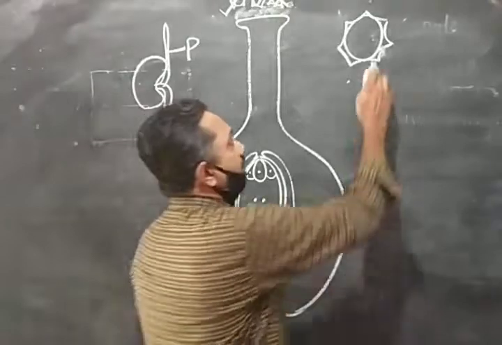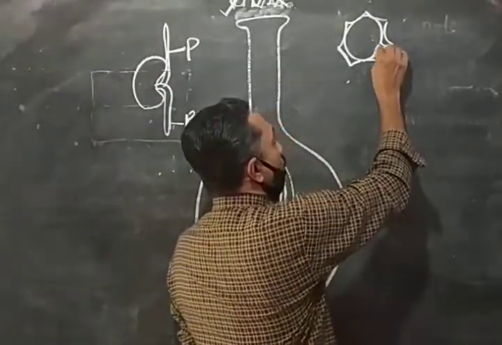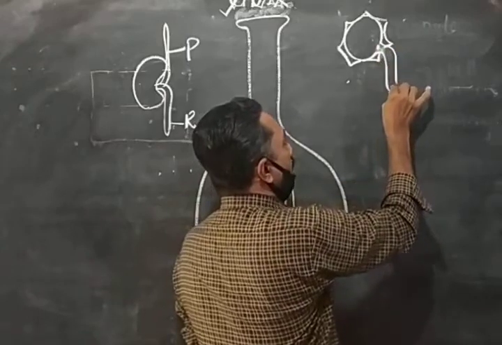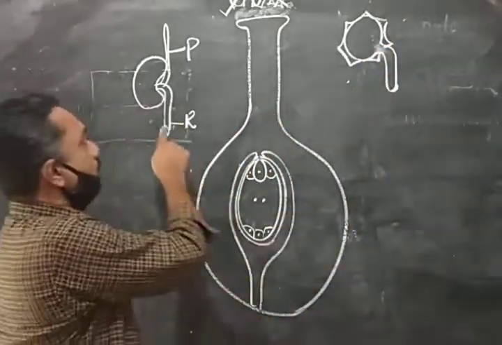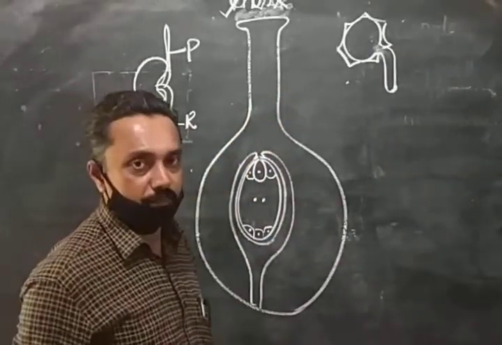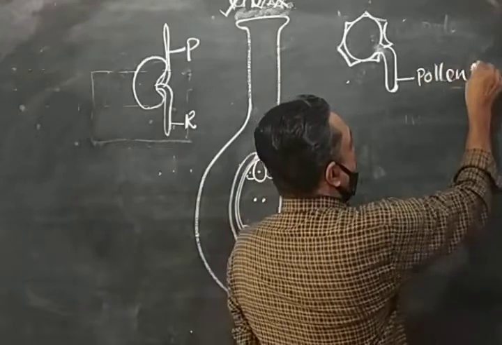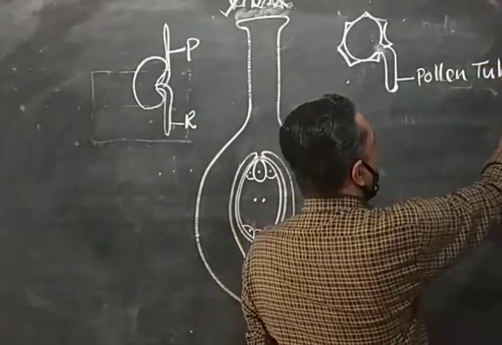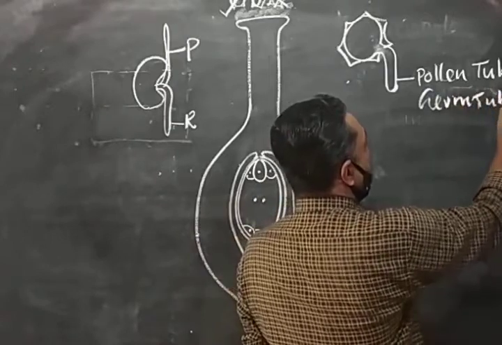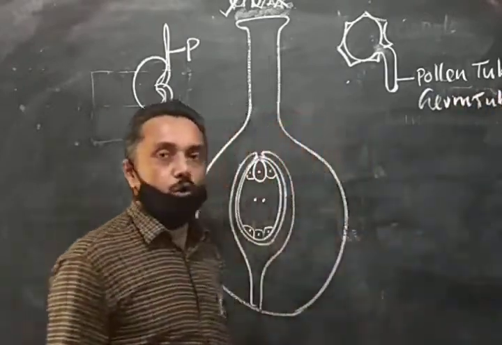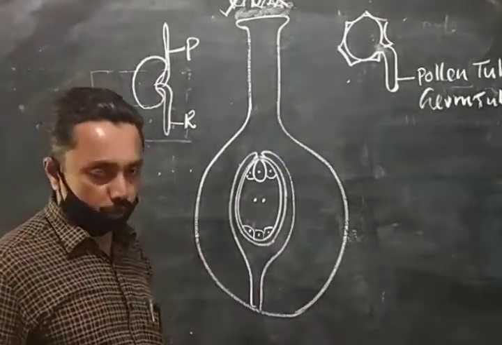During germination, the intine grows out into a tube-like structure. This tube-like structure is called the pollen tube or germ tube.